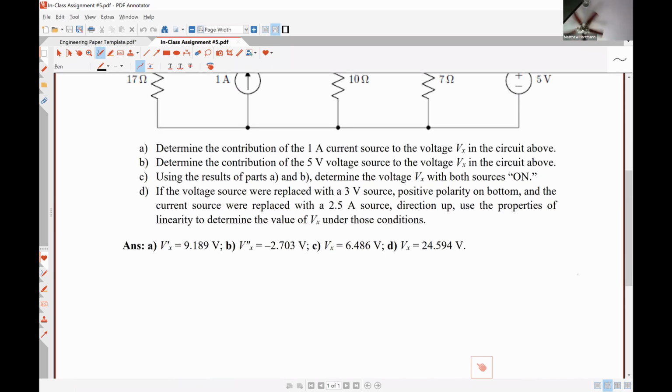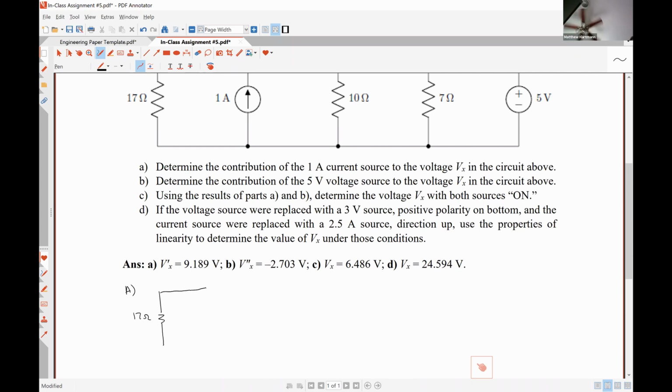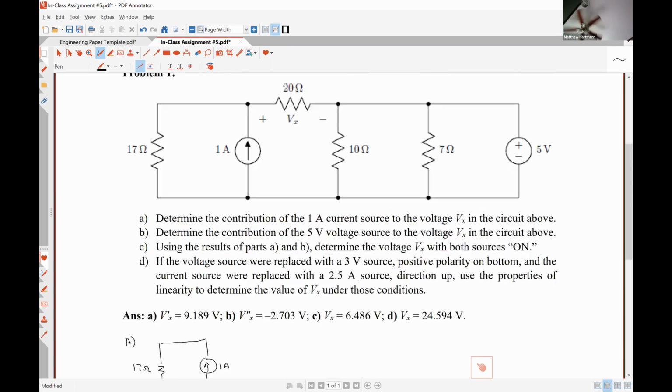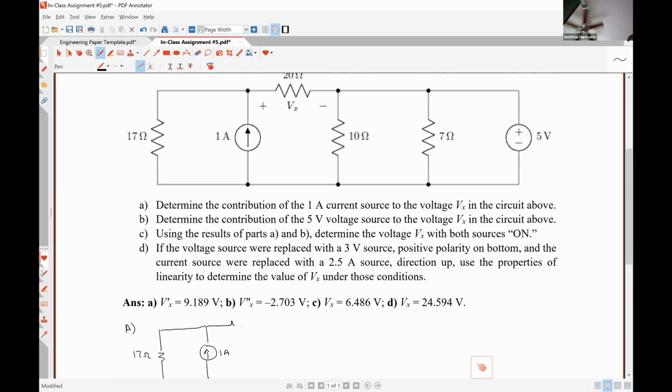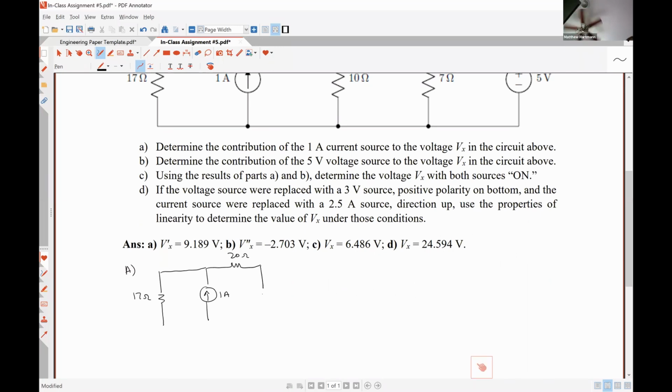So let's redraw this guy down here. For part A, we're going to have a 17 ohm resistor, a 1 amp source, a 20 ohm resistor, let's see, 10 ohms, 7 ohms, and a short circuit, like so.